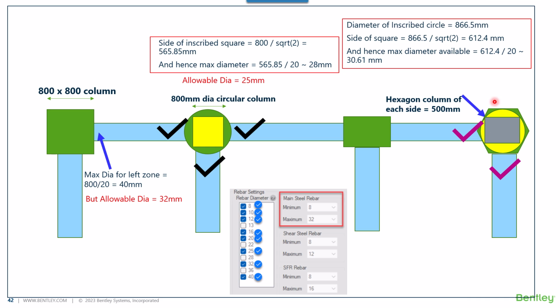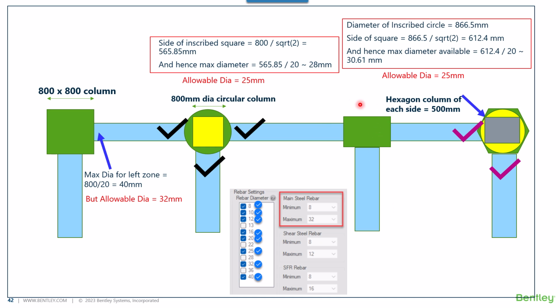So for this hexagon, it has calculated the inscribed circle, and then the side of the square is determined, and the side of the square divided by 20 would be the maximum diameter allowed, which turns out to be 30 mm. But since 30 mm is not an allowed diameter, and below 30 mm we just have a 25 mm diameter which is available in the diameter list, the allowable diameter for this beam and this beam, at this junction, would be 25 mm.